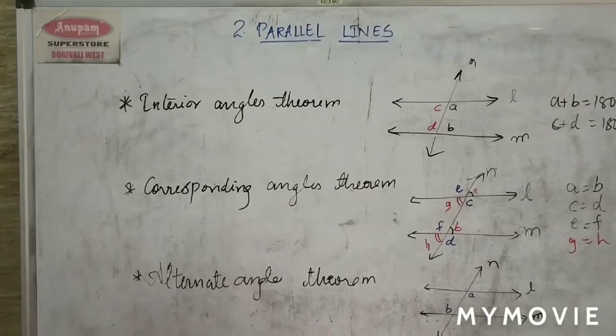Alternate angles means that when we are talking about two different angles, for example, here we have two parallel lines and a transversal.